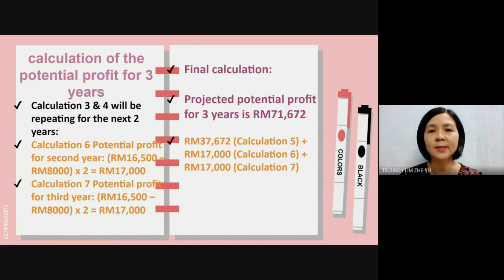And for calculations 6 and 7, it is the same as calculation for second half of the first year, where year 2 and year 3, the potential profit will be 17,000 ringgit respectively. For final calculation, the projected potential profit for 3 years will be about 71,000 ringgit, a sum up of 37,000 ringgit for first year, 17,000 ringgit for the second year, and another 17,000 ringgit for the third year.